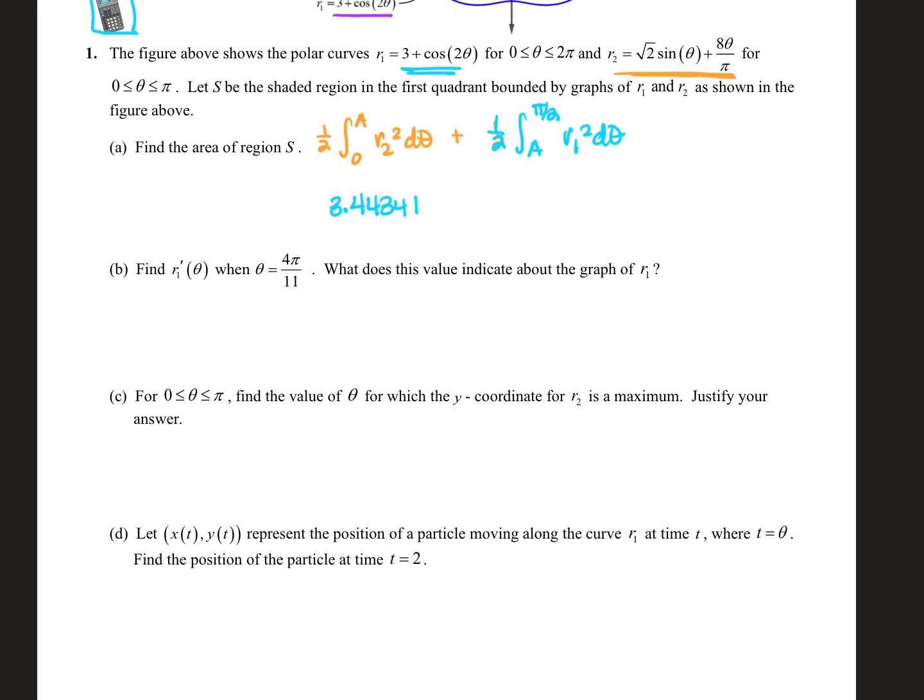Find r prime of theta when theta is equal to 4 pi over 11. What does this indicate about the graph of R1? Okay, so if we're asked to find r prime, that's going to be dr d theta of R1 at 4 pi over 3.